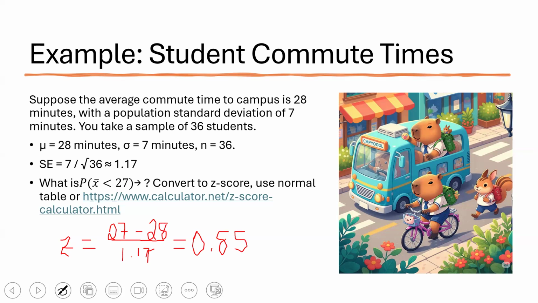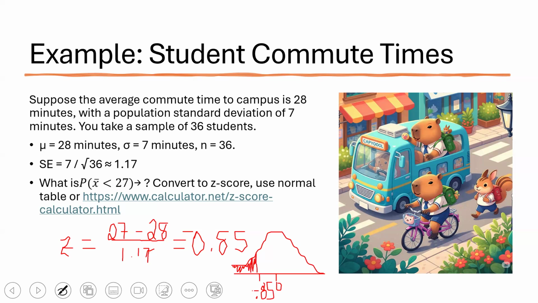All right, so if we look at a standard normal distribution, we know that means our mean is at 0 and standard deviation of 1. So negative 0.85, I'm missing my negative sign up here. There we go, negative 0.85 means that we're looking at this probability of less on a normal table.